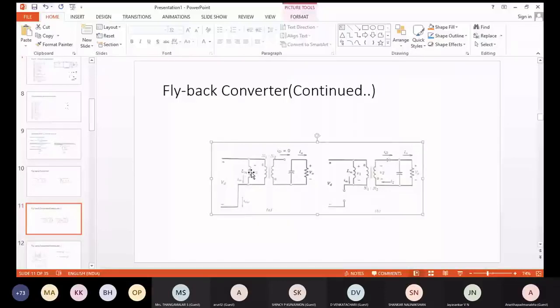Okay. Then, as far as the turns ratios are concerned, usually in normal transformers, we want some turns ratio depending upon the voltage rating we want at the secondary. But here, the turns ratio depends purely upon the output voltage, how much we want to step down, and it also has to meet the inductance.